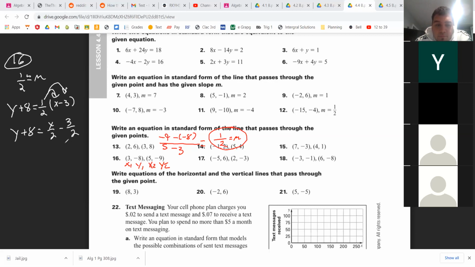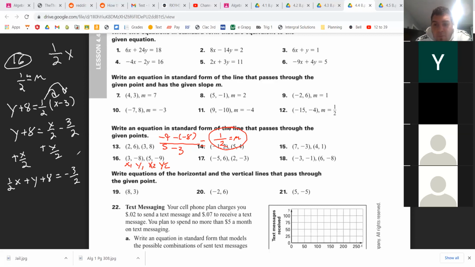Minus x over 2 on both sides. By the way, I'm sure somebody's going to ask this: you could rewrite it as 1/2 x, you could just write it like that also. Bring it over. So 1 over 2 x plus y plus 8 equals -3/2.